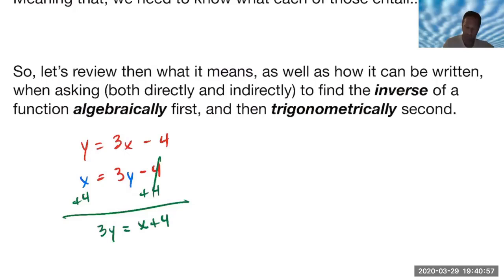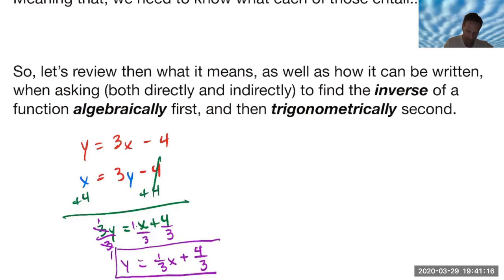And then lastly, we would take that and divide everything by 3. And that would leave me with 1y equals 1/3 x, if you see it there, plus 4/3. And that would be my equation. That is what is called the inverse of my original.